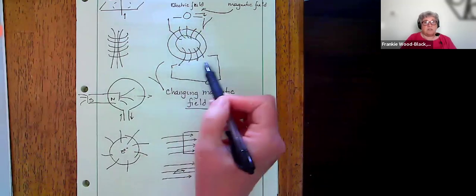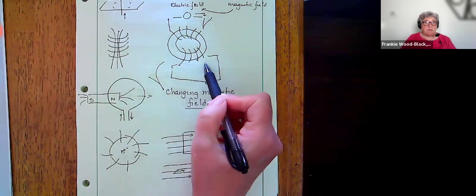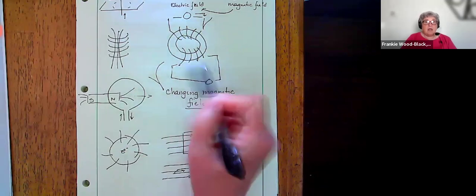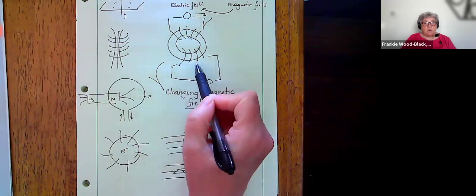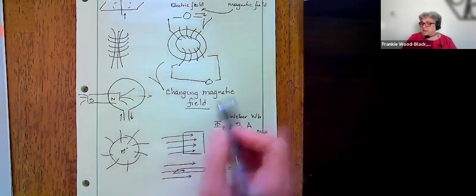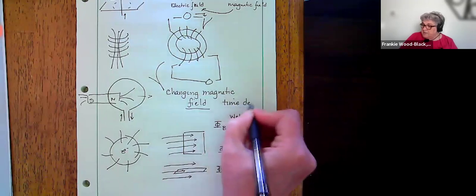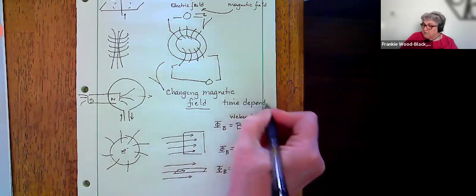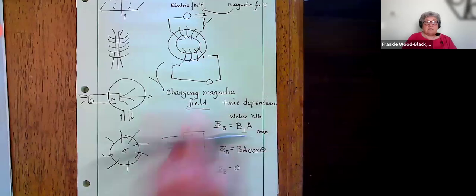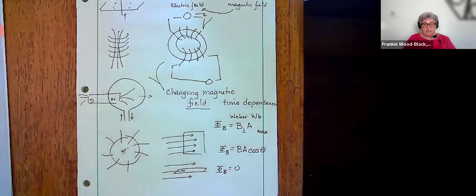I'm always going to get something that's happening with my magnetic field. And that's really what we have to worry about when we're dealing with this time dependence. And this is one of those things that we end up dealing with a little bit differently. So we get this idea that we get the flux and Faraday's law.